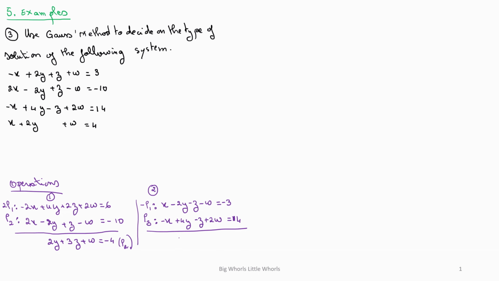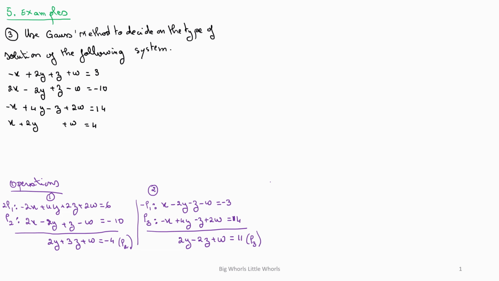Okay, so I have here 2y minus 2z plus w equals 11. That's going to be our new row 3.